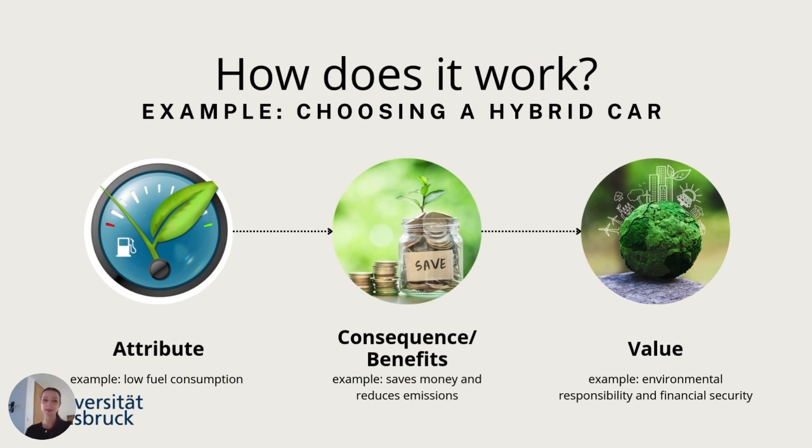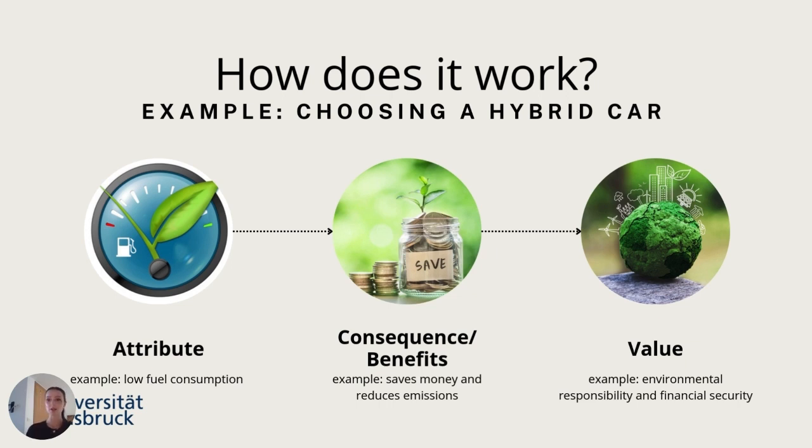To simplify the means-end chain theory, let me give you an example that demonstrates how it works. Imagine choosing a hybrid car. At the most basic level, one might focus on attributes like low fuel consumption, silent driving, or also its modern, environmentally conscious appearance.